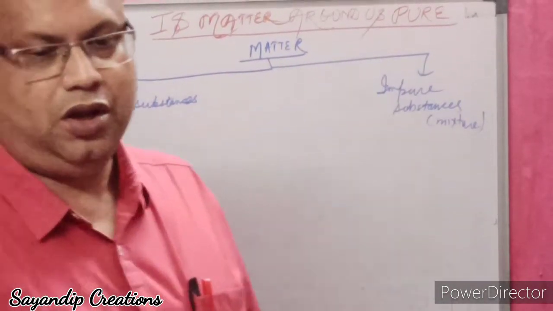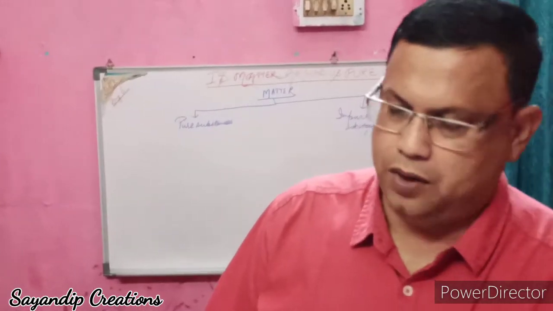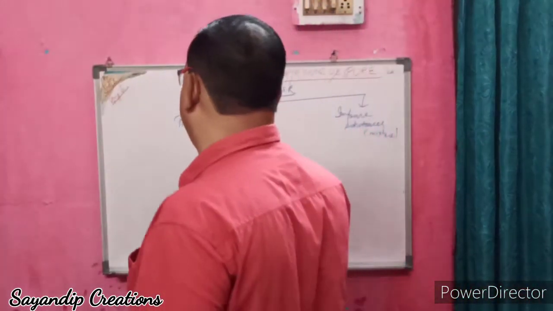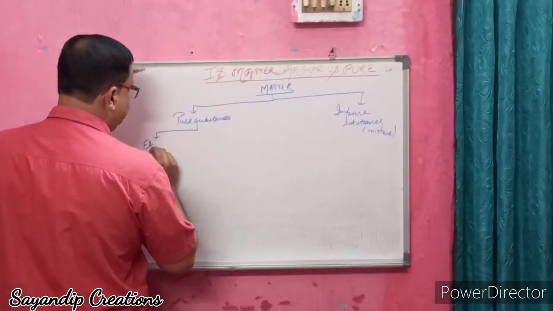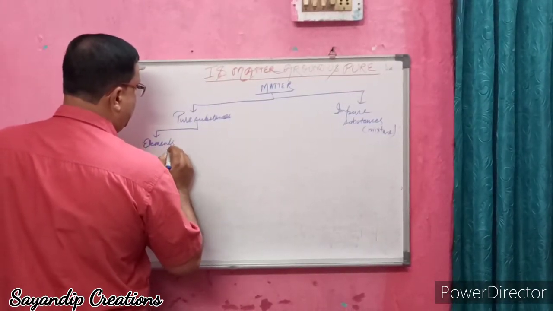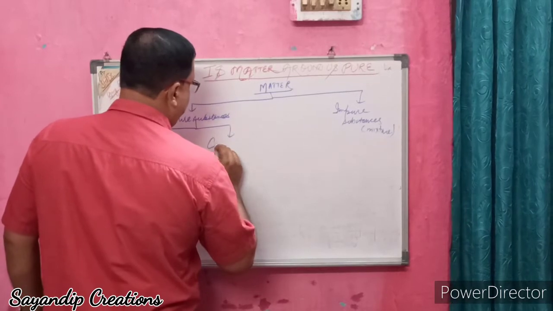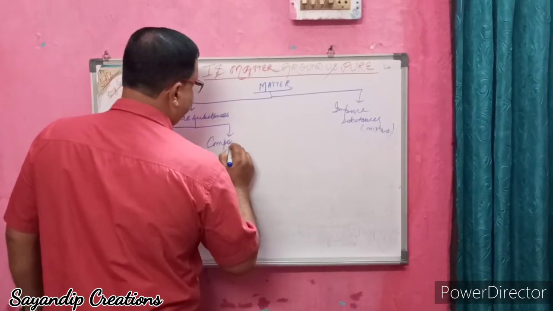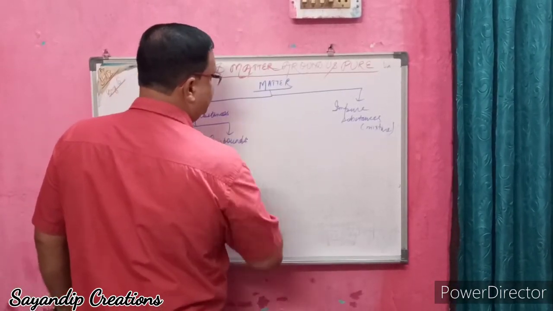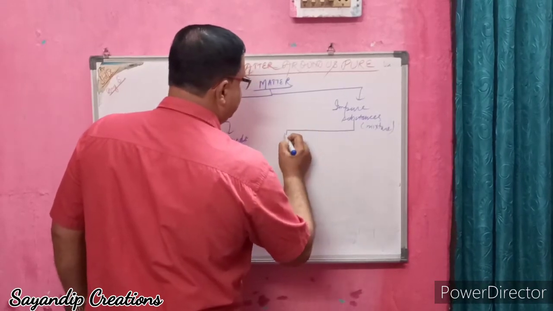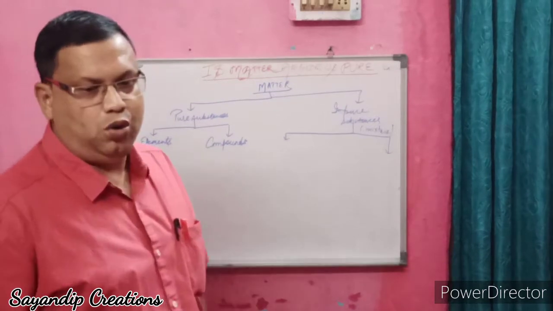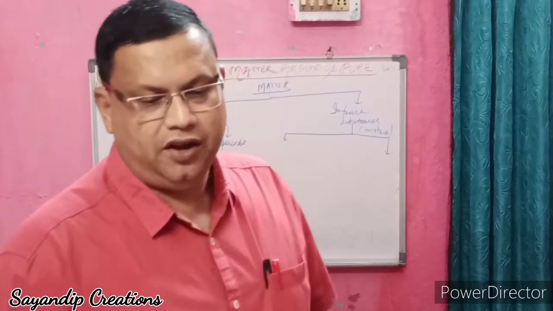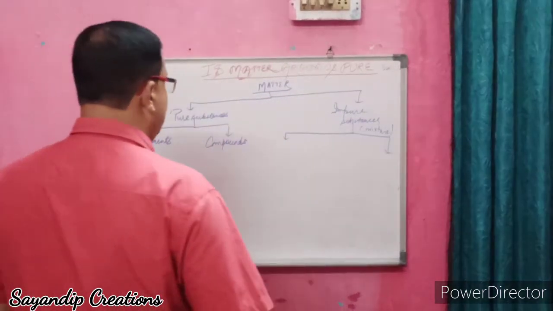Okay. Now these pure substances can be further classified into elements and compounds. Whereas these impure substances can be classified into homogeneous and heterogeneous mixture.